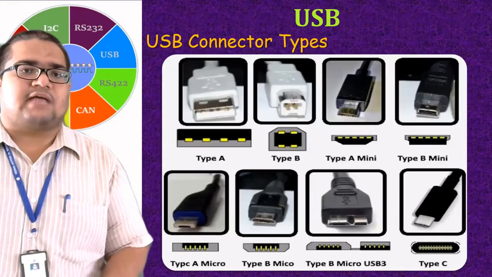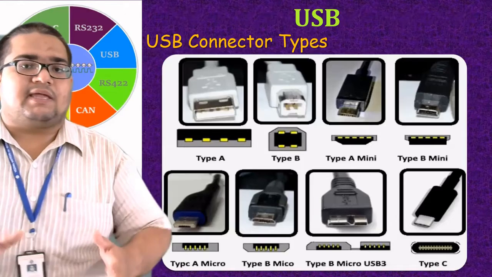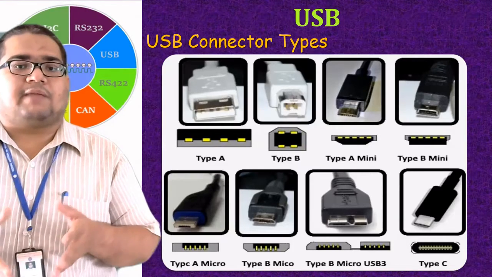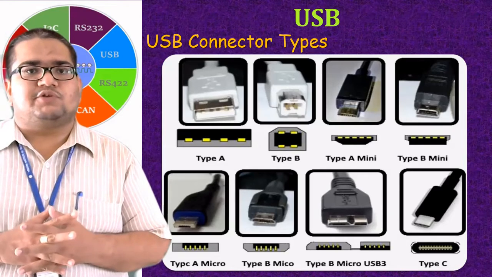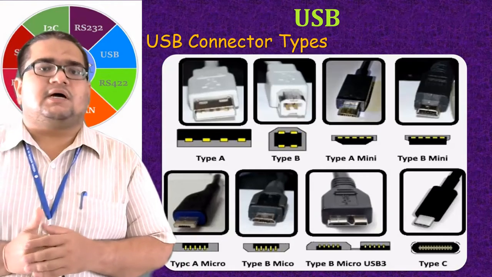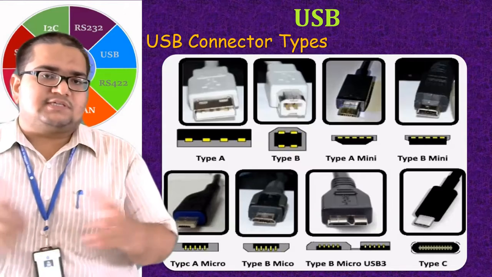All these different USB connectors you can check out: Type A, Type B, Type A mini, Type B mini, then Type A micro, Type B micro, and finally Type C. I'm sure you might have seen all these yourself physically. If not, these are the connectors available.